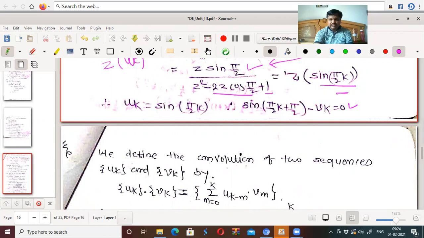This implies vk is equal to sine of pi by 2 into k plus 1. So you will get now uk as well as vk. So this is the method to obtain the solution by using the z transform. Okay, we will stop here.